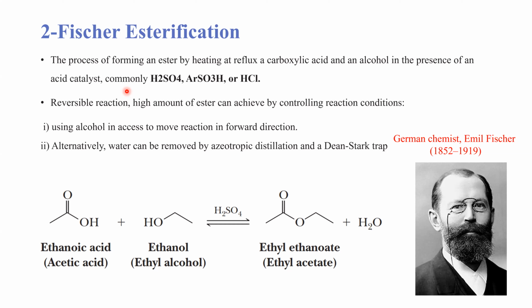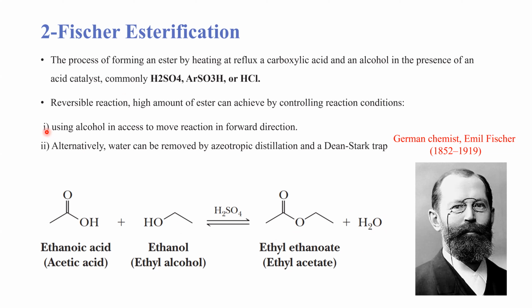The second approach is to remove the water, because in this reaction water is produced as a byproduct. If this water is diluting the reaction, and we evaporate it simultaneously during the reaction, it is easier for us to get the esters in a higher amount.